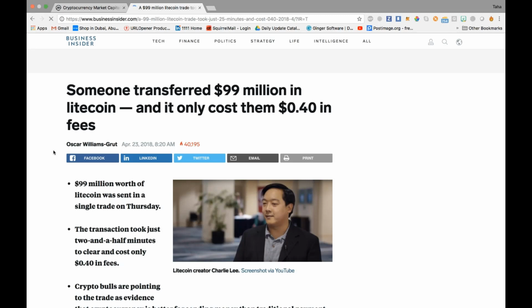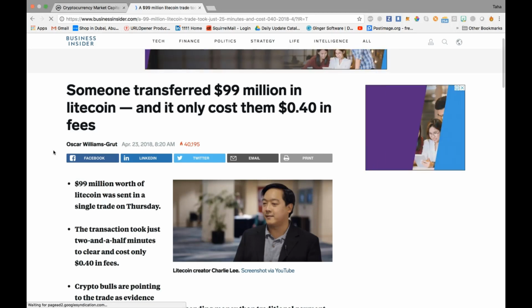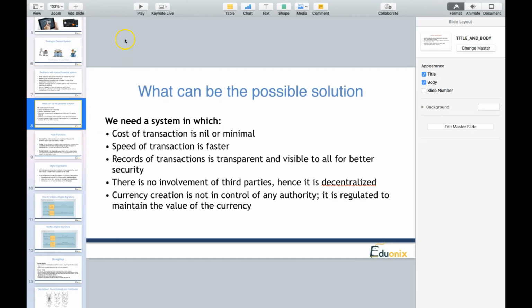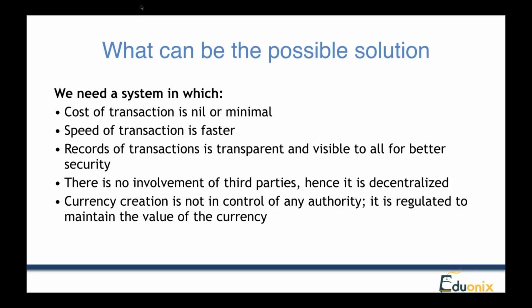And imagine, the cost of the transaction was only 40 cents and it took 2.5 minutes for that transaction to happen. You can imagine this. It's so efficient, so fast, and with such a small amount of transaction fees. So this is a prime example where you can easily replace a third party like this.